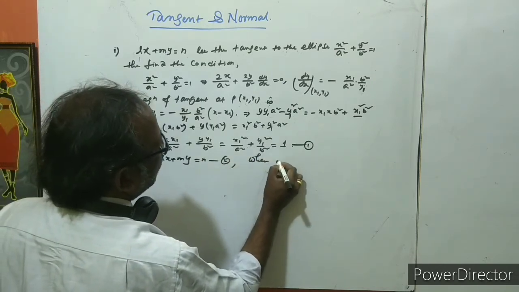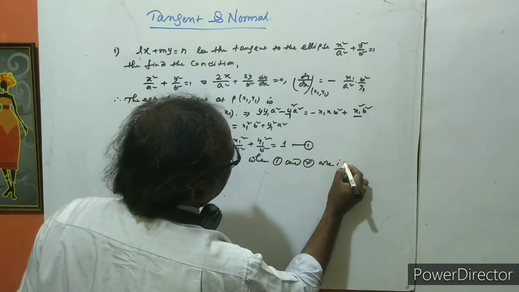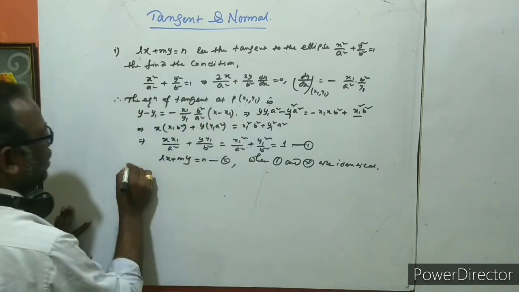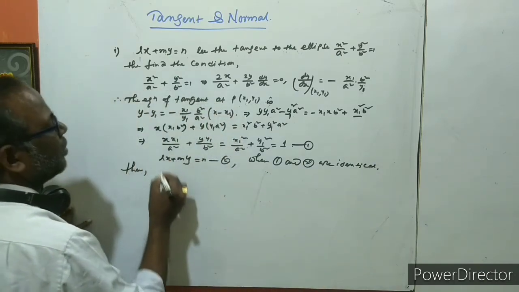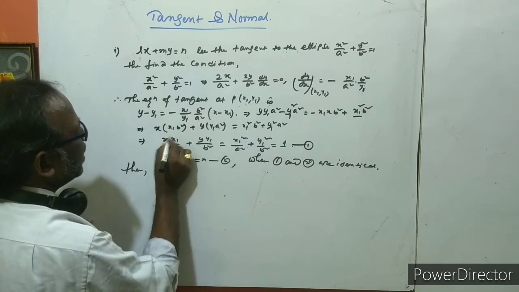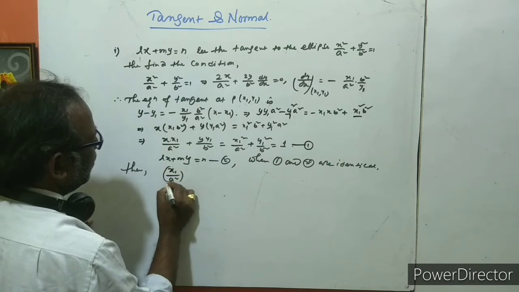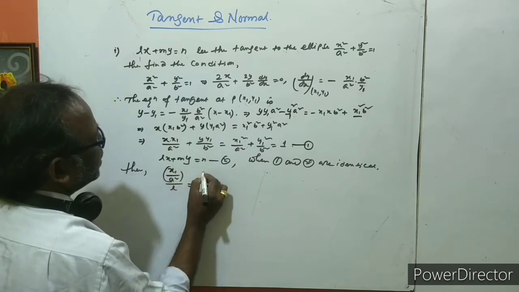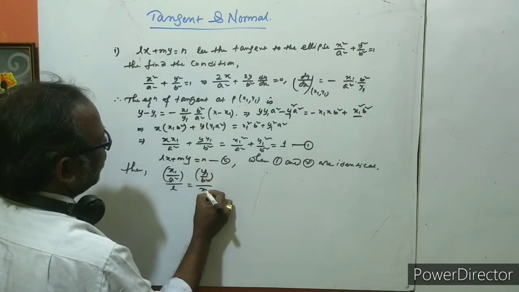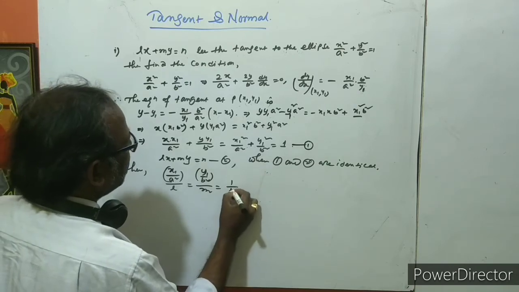When 1 and 2 are identical, then we can write the coefficient of x1 by a square by L, equal to y1 by b square by m, equal to 1 by n.